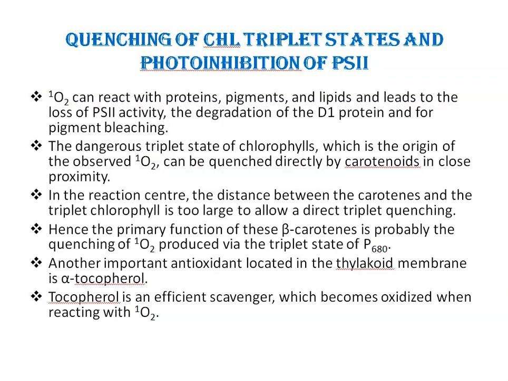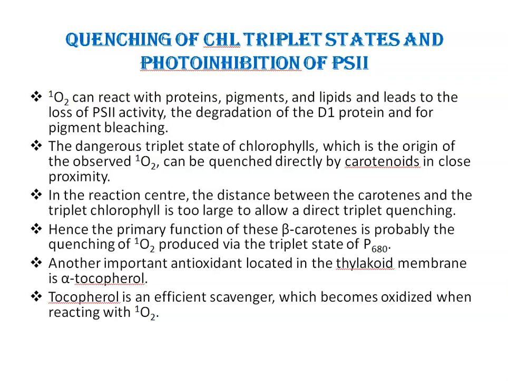Now, quenching of chlorophyll triplet state and photoinhibition of photosystem 2. Singlet oxygen can react with proteins, pigments, and lipids and lead to the loss of photosystem 2 activity, the degradation of D1 protein, and pigment bleaching.